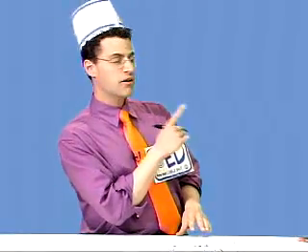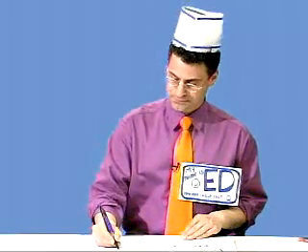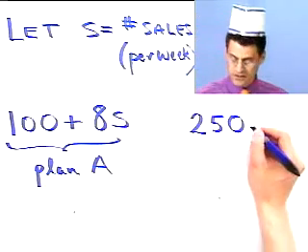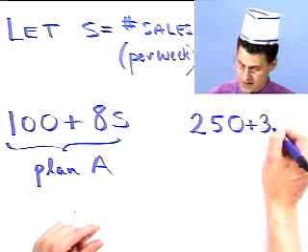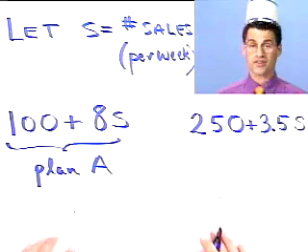There I get $250, one lump sum, plus the bonus is only $3.50 per sale. So that would be 3.50 times the number of sales I make.